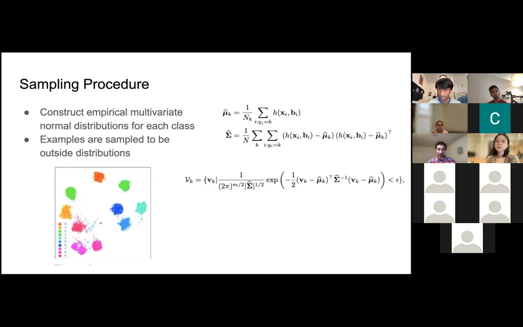Now we look at this distribution and select some points based on this multivariate probability distribution. This is just the straightforward PDF function for a multivariate distribution. Across these classes, we say we would like something with probability less than epsilon, so the probability they belong to any class is smaller than this epsilon threshold. Then we select some V_k from this distribution.